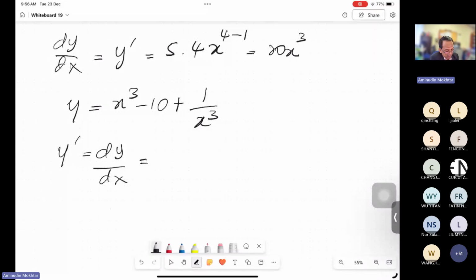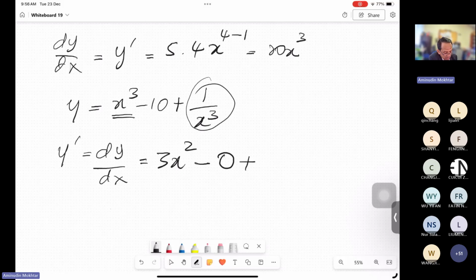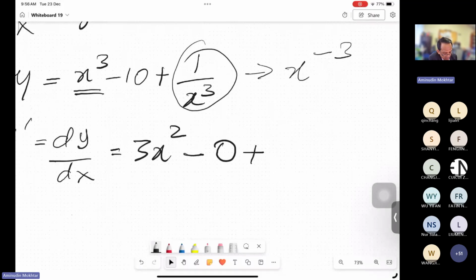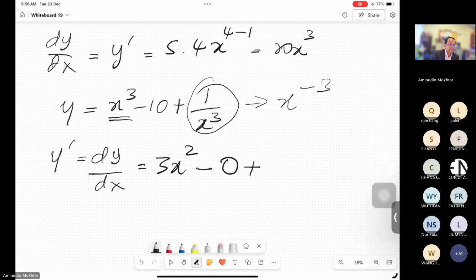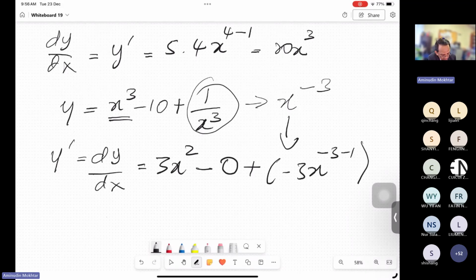In this case, we need to find the derivative one by one, step by step, part by part. First, the derivative of x to the power of 3 is 3x to the power of 2. Minus 10: since this is a constant, the derivative of a constant is 0. Plus 1 divided by x to the power of 3, which is x to the power of negative 3, so this equals negative 3 x to the power of negative 3 minus 1.